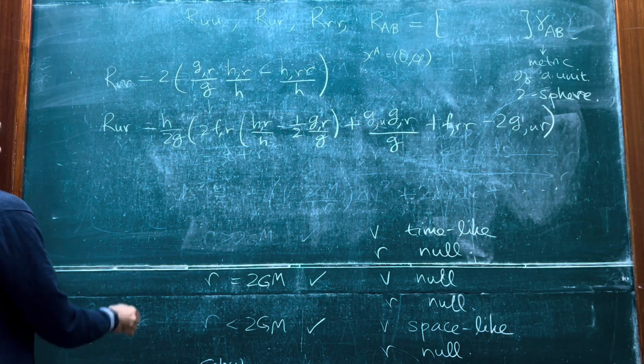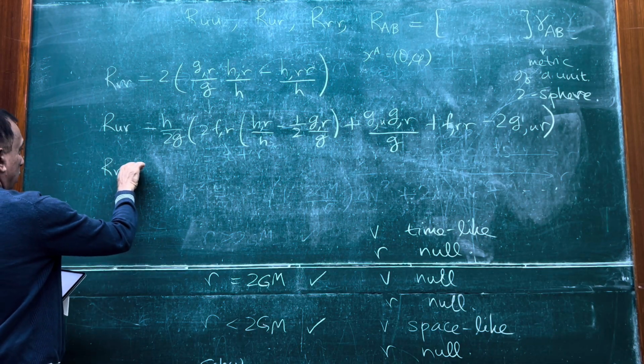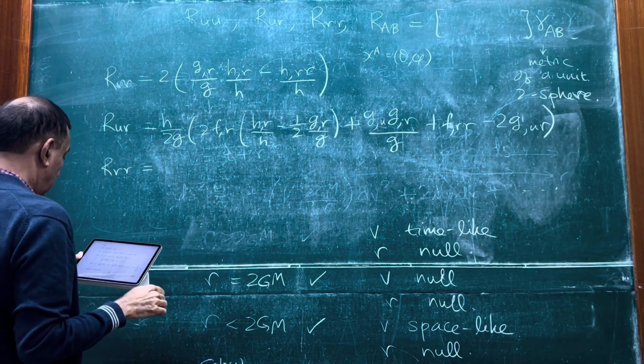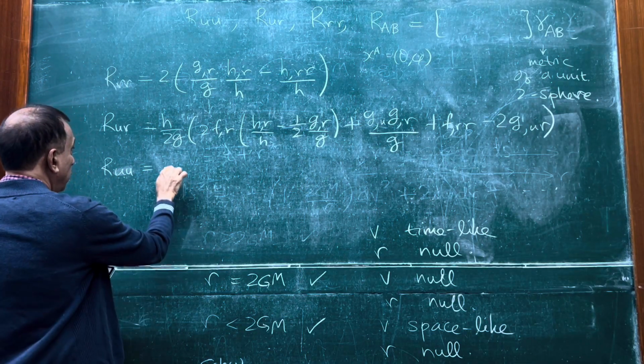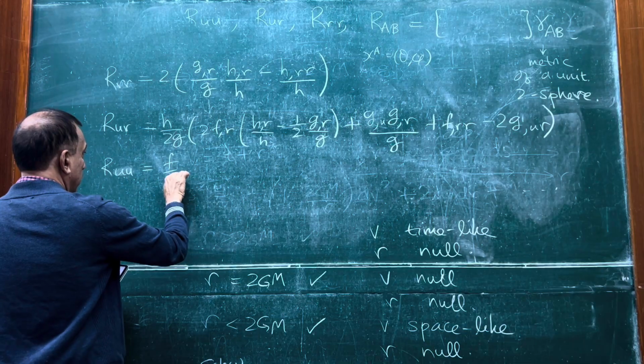That's R_UR. Then there's R_RR, sorry, R_RR we already wrote. R_UU. This is the longest one. This is F by G squared.